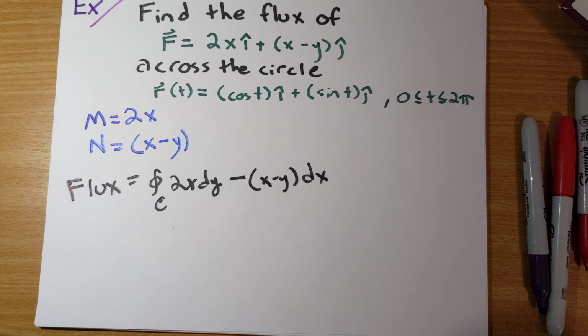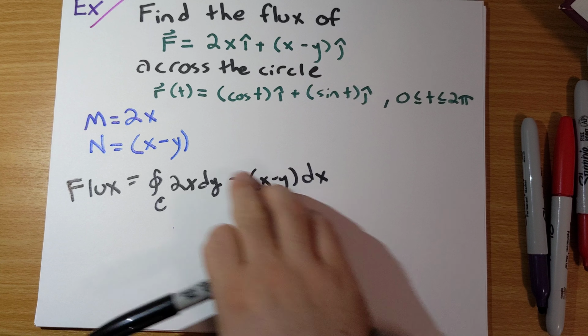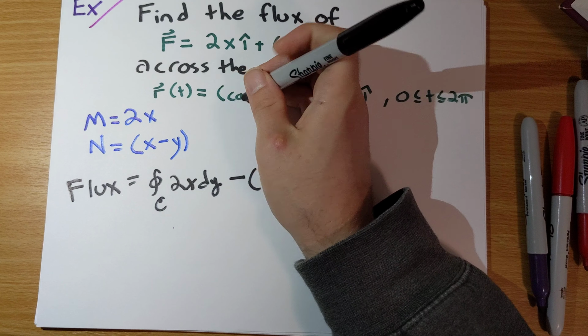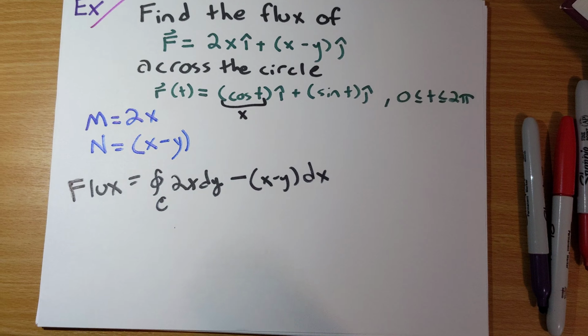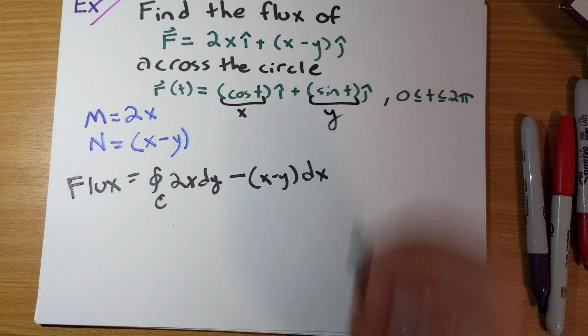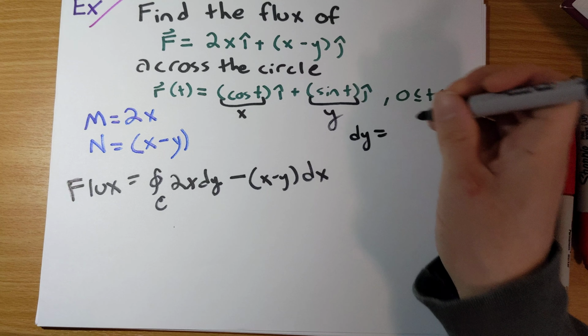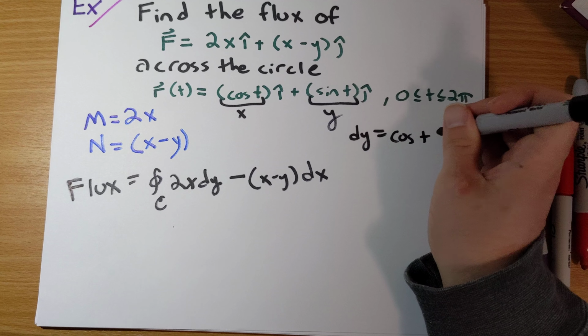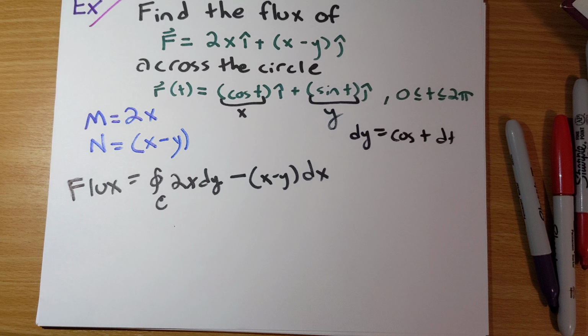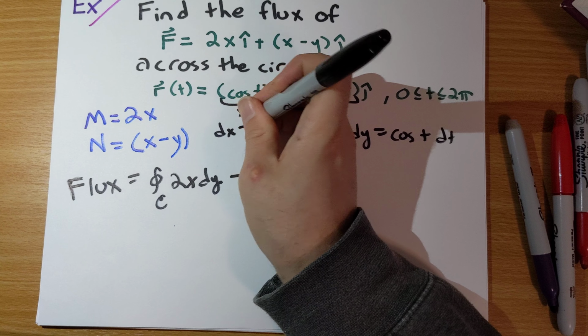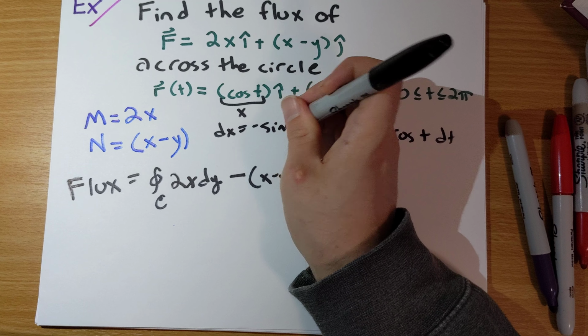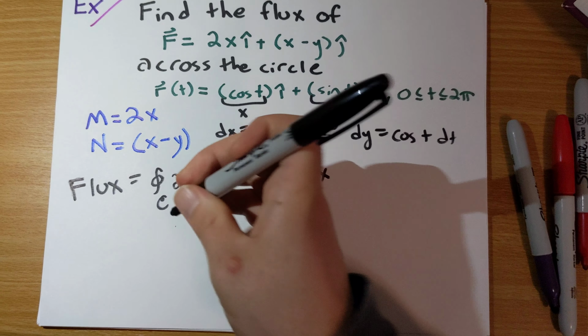Okay, so now we need to fill in everything in terms of our parametrization. So x will be cosine t, y will be sine t, dy will be cosine t dt from y equals sine t, and dx will be negative sine t dt.